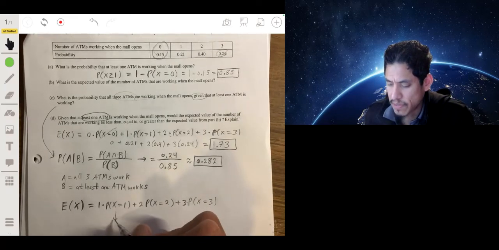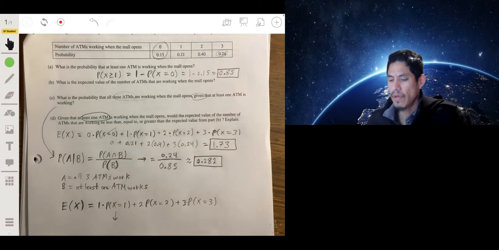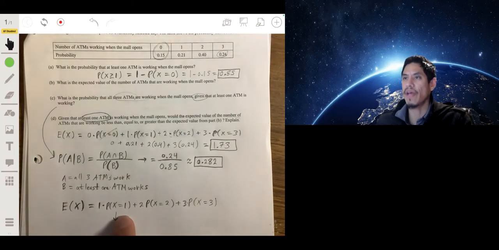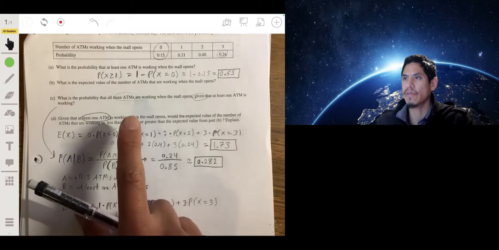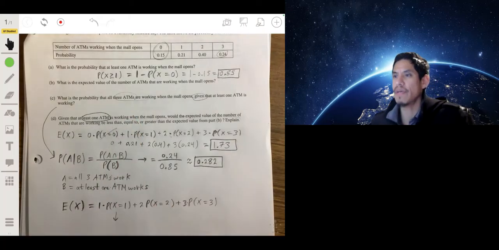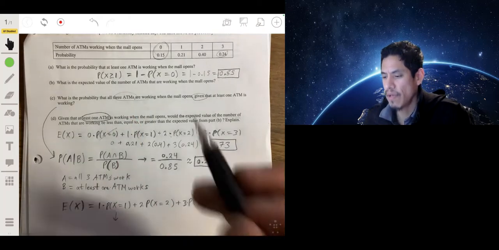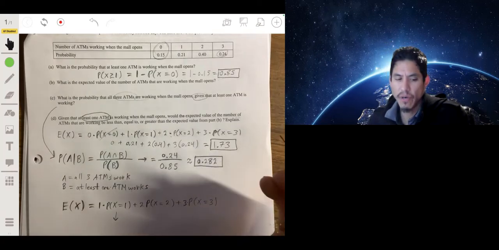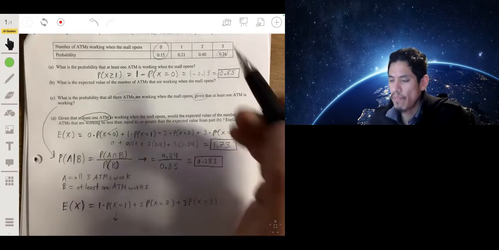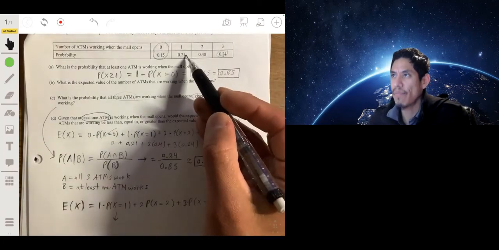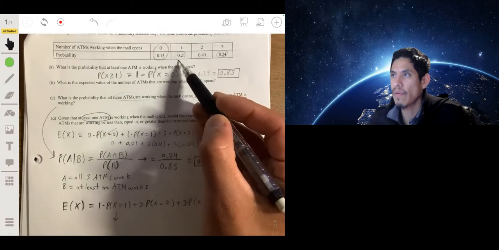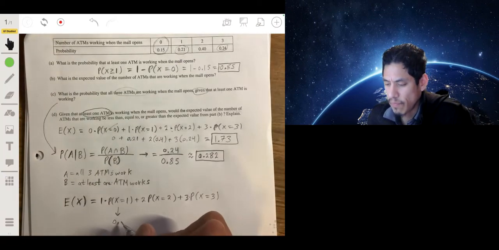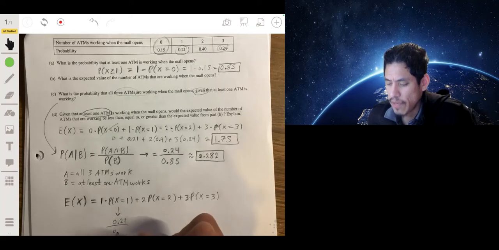So let's break this down. The probability that x is 1, given that one ATM works, essentially means that none of the other ones are going to work. So you're basically just going to have this value, 0.21 over 0.85.